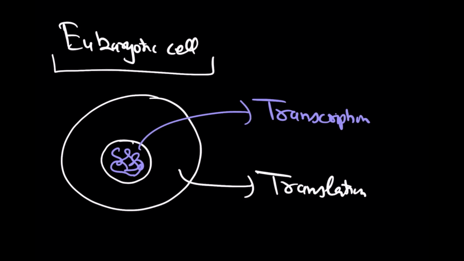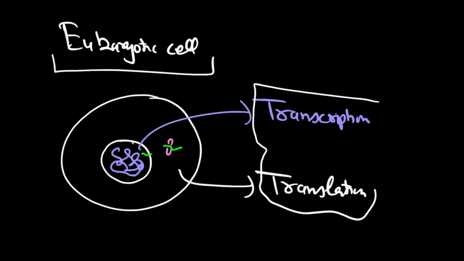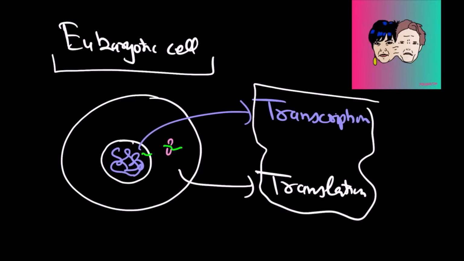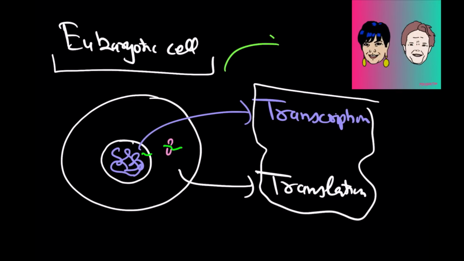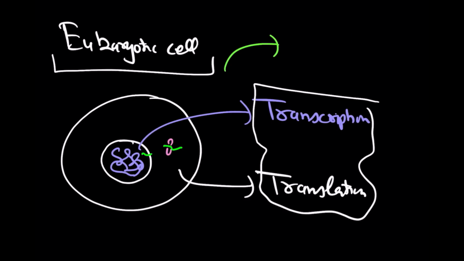So RNA will be synthesized, then later transported, and then the process of protein synthesis will be carried out. So transcription and translation occur in different compartments. In the case of a eukaryotic cell, remember, transcription and translation are not coupled.